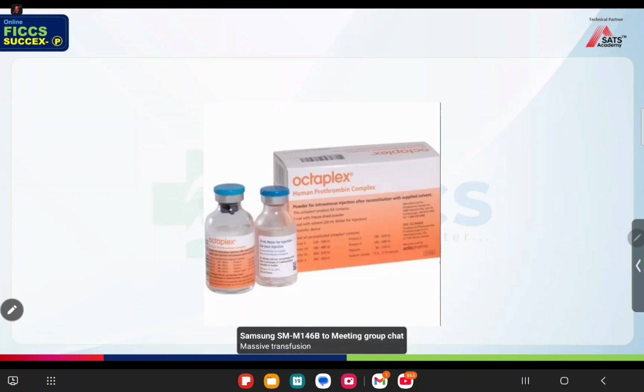Yes, ma'am, warfarin antidote. So you can use it for warfarin reversal also if any patient is coming for emergency surgery or with bleeding on warfarin.